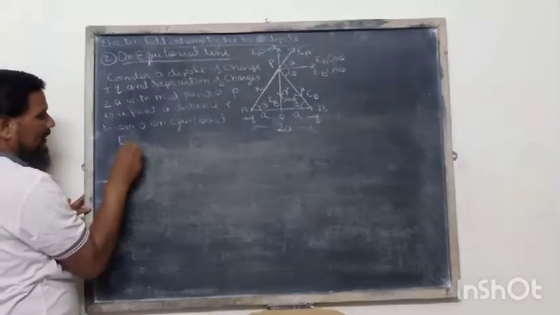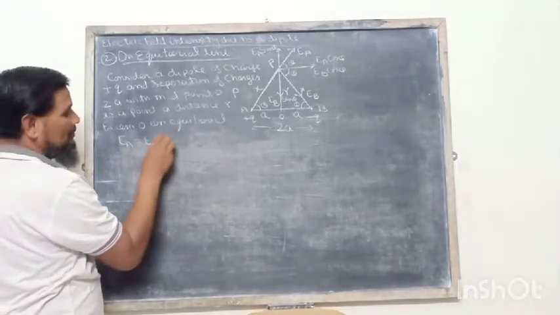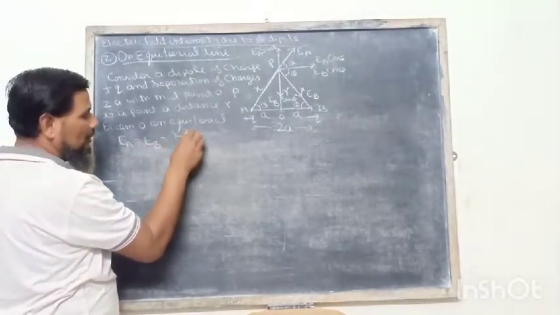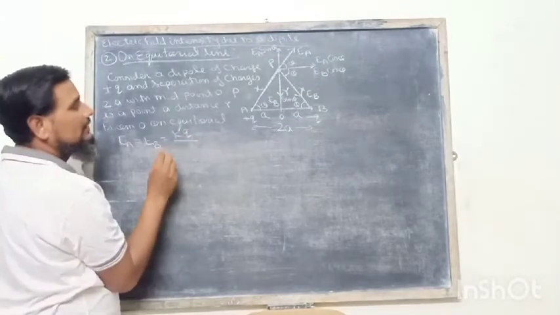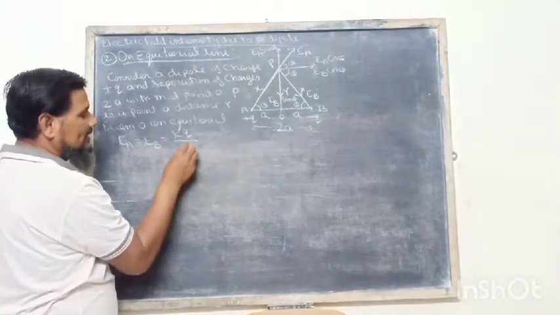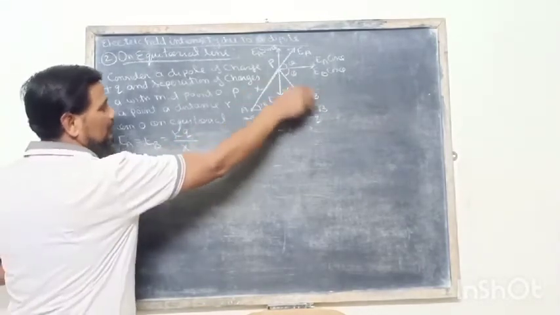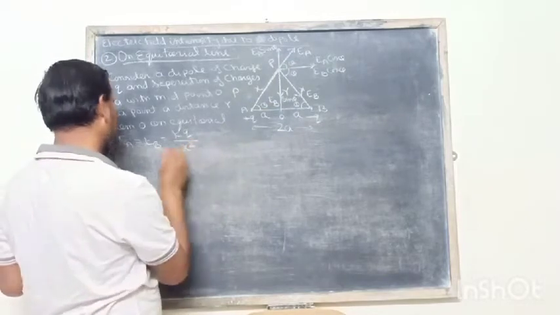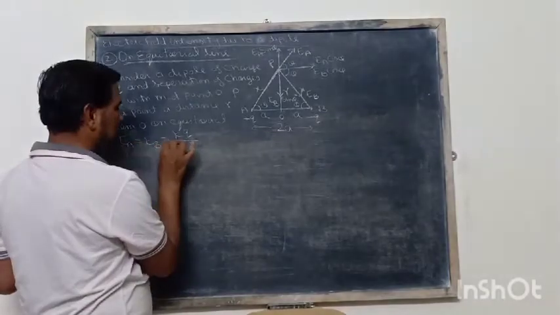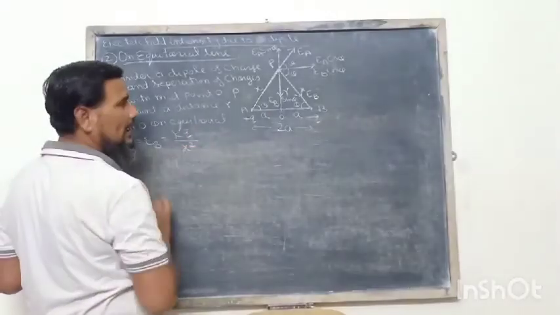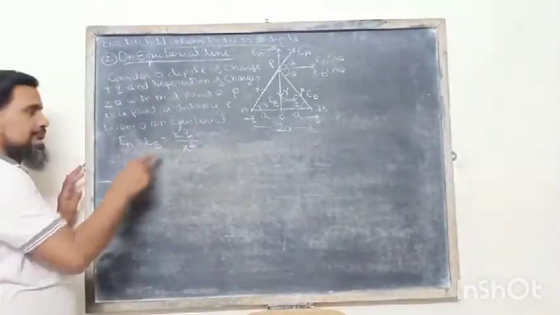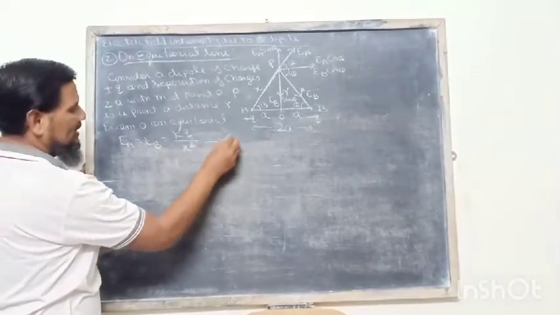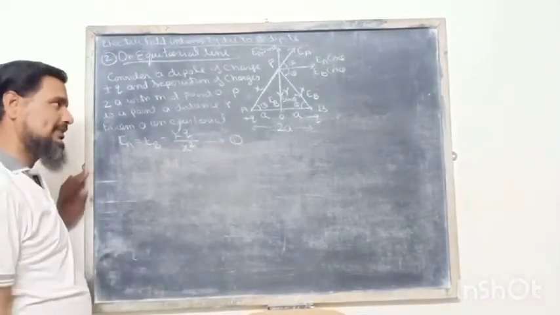The value of EA is equal to EB because the magnitude of both charges is q and the distance x from both charges. So the distance is x square. So EA is equal to EB is equal to kq upon x square. This relation is obtained and we consider it equation number first.